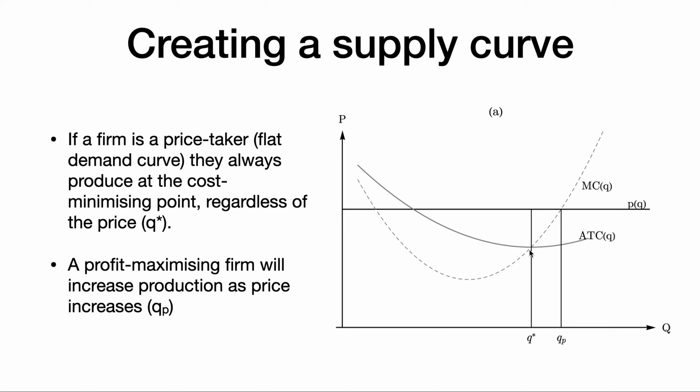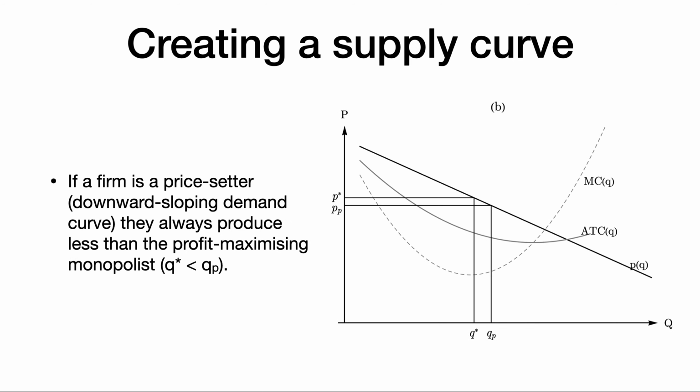Whereas a profit maximizing firm will produce a little bit more where the marginal cost is rising. So we've sort of explained why you add more capital to production rather than just vary output with this type of model.